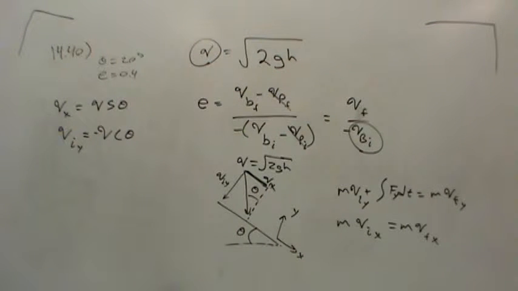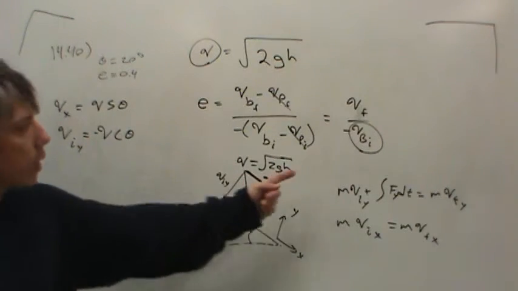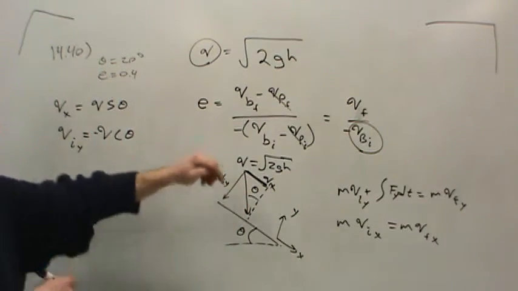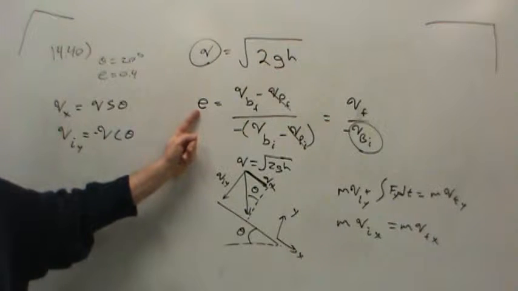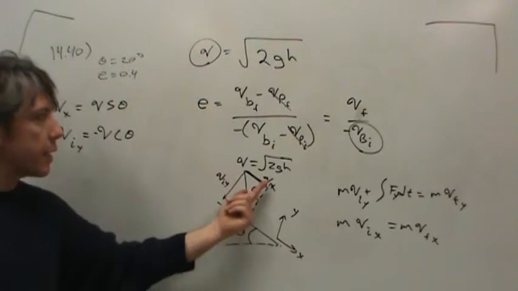Now, unfortunately, again, I haven't been very consistent because Viy would also be V_B initial, because that's the velocity of the ball that the coefficient of restitution has something to say about. The coefficient of restitution has nothing to say about the x direction. There's no change in the x direction. It only will relate to the y direction.